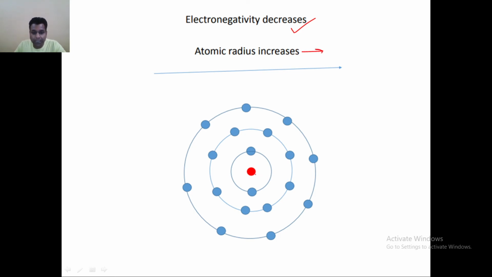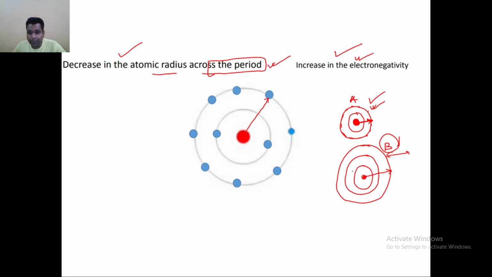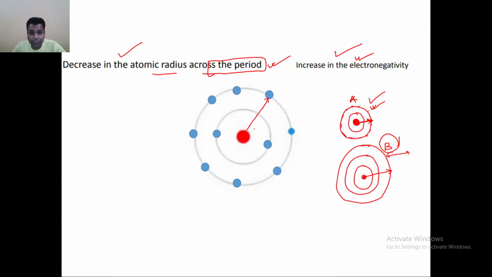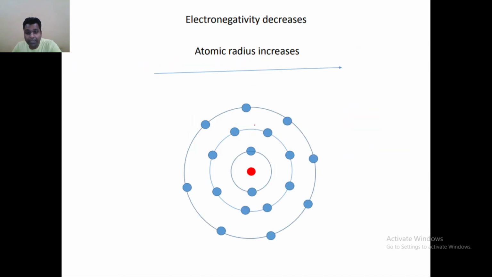Now as you can see, the same example I have taken in the previous one has been drawn in a very proper way here. Now see, in this case, the force applied by the nucleus on this outermost orbit is a bit lesser in comparison to this one. So in this case, the electronegativity will decrease.